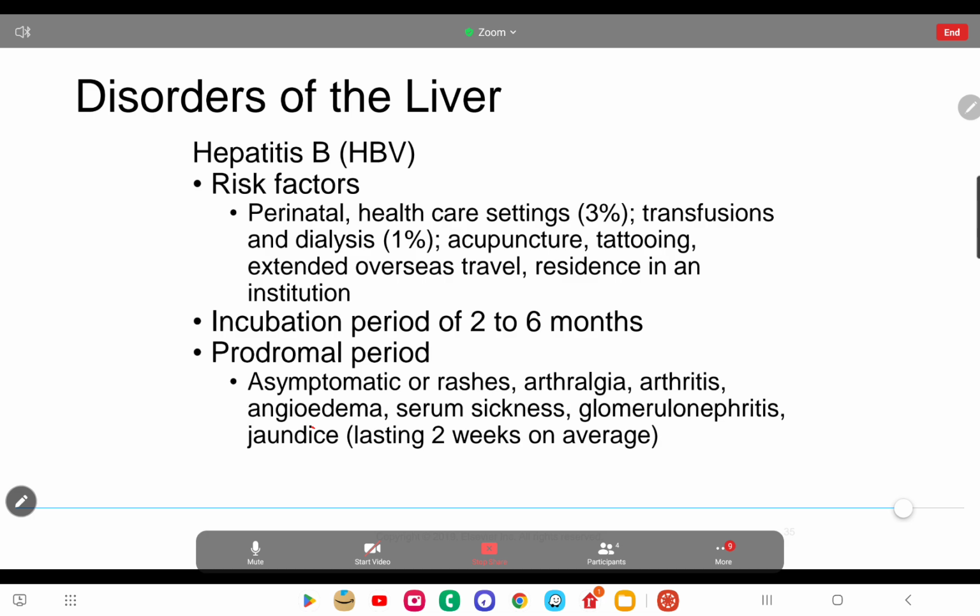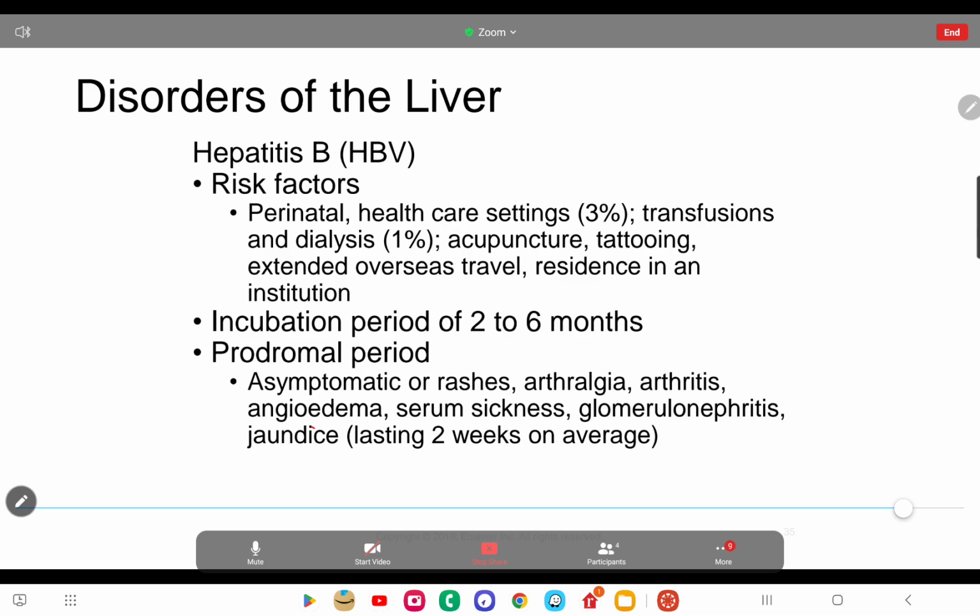Risk factors, how do you get hepatitis? Perinatal, healthcare setting. So that's why when you get to the hospital, you need the hepatitis vaccine. Transfusion, dialysis, acupuncture, tattooing. So anything that is related to needles and blood, you could develop hepatitis.